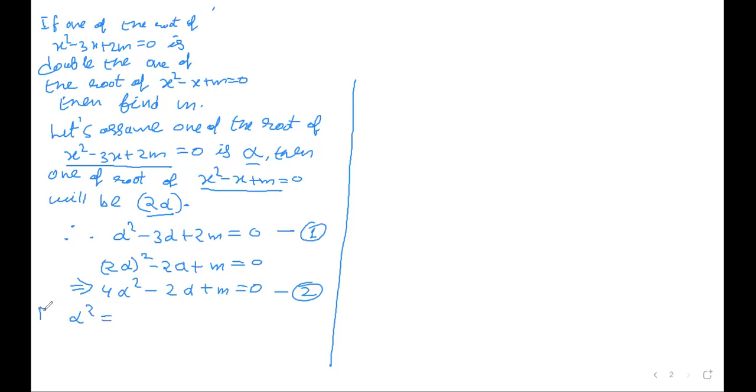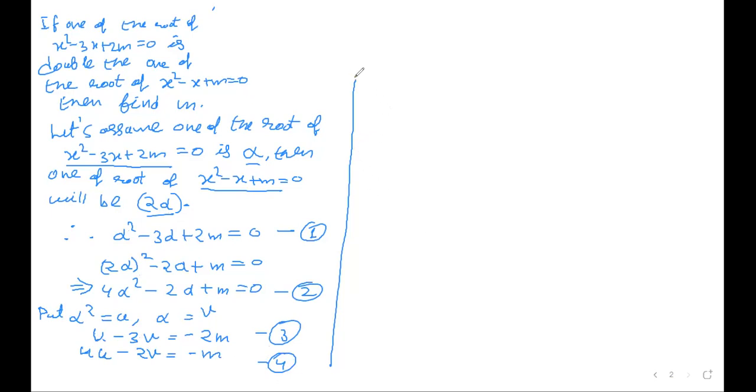Put alpha square equals u, alpha equals v. The two equations become u minus 3v equals minus 2m, and 4u minus 2v equals minus m. Is that clear to you?